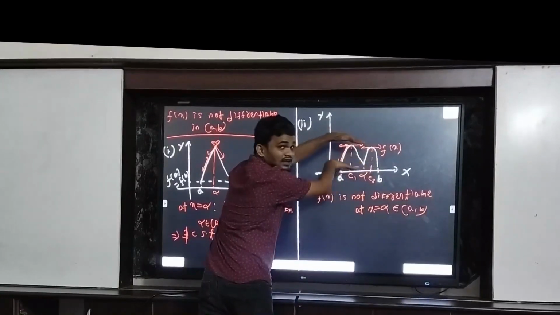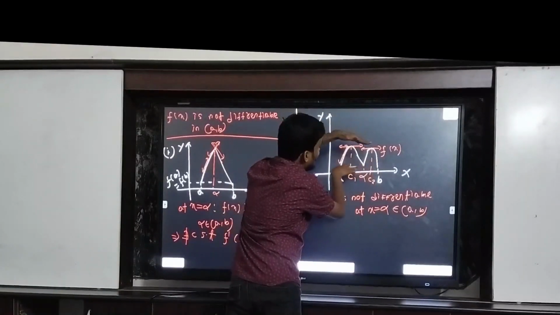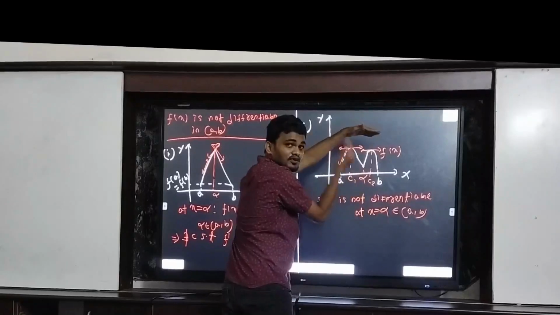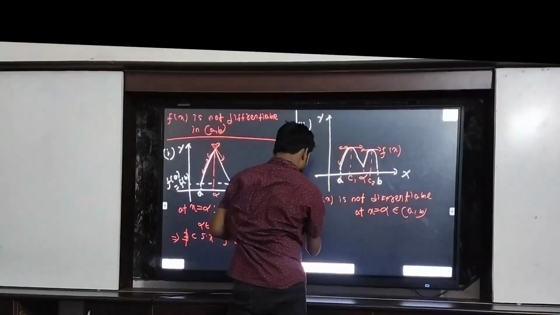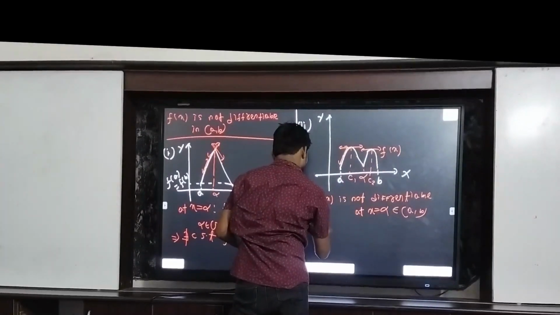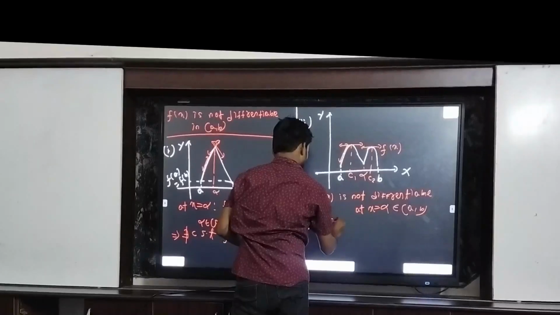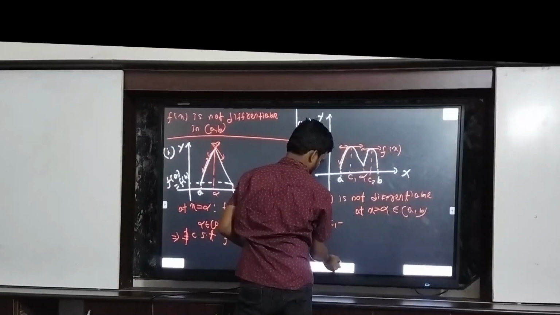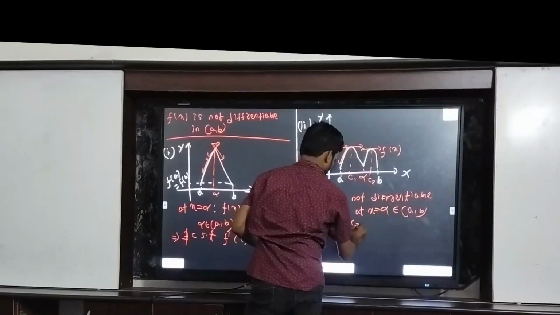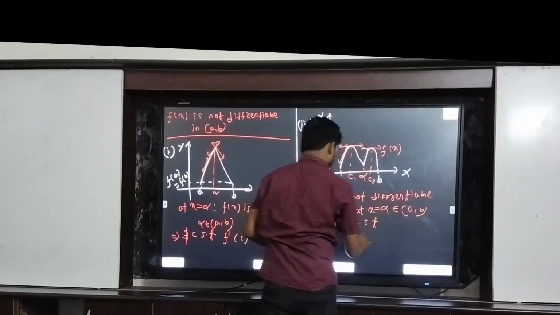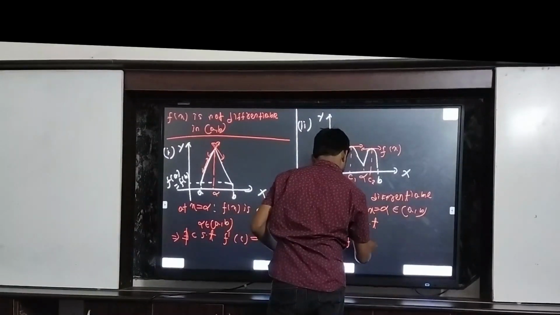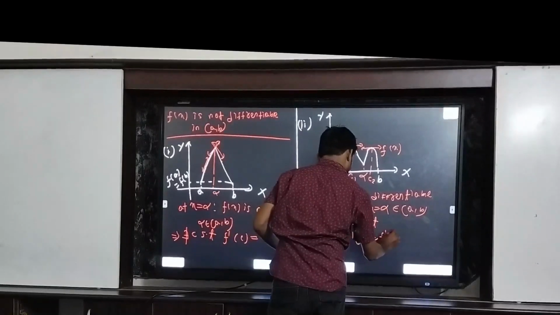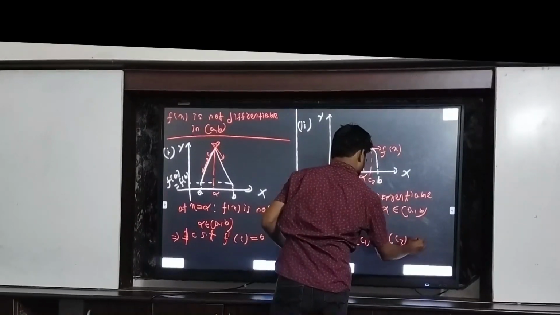These two lines are parallel. Similarly, there exists a tangent at point C2 which is parallel to the x axis. So what it implies? There exist C1 and C2 such that f dash C1 is equal to f dash C2 is equal to 0.